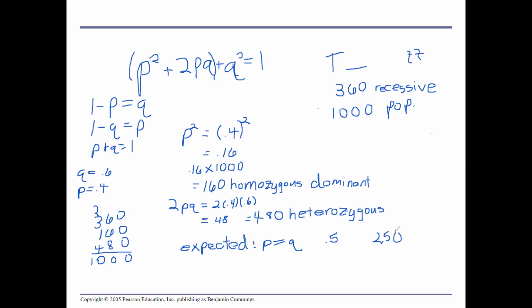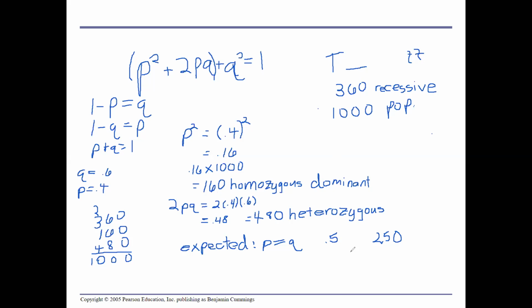We would expect 250 recessives, not 360. So we're being skewed a little toward the recessive by whatever pressure this is. And we would expect P to be 0.5, so we'd expect 250 homozygous dominants, not 160. So we've got less of the dominant trait in this population than we would expect if everything's in perfect equilibrium.